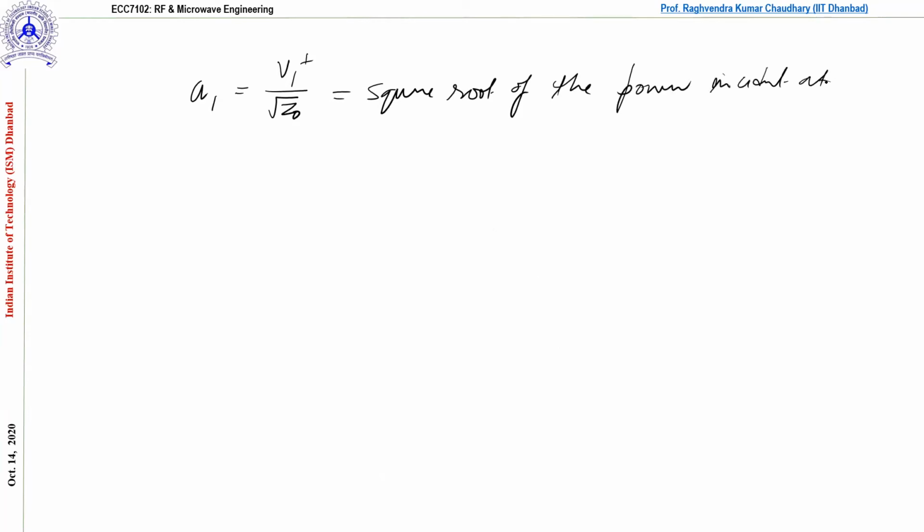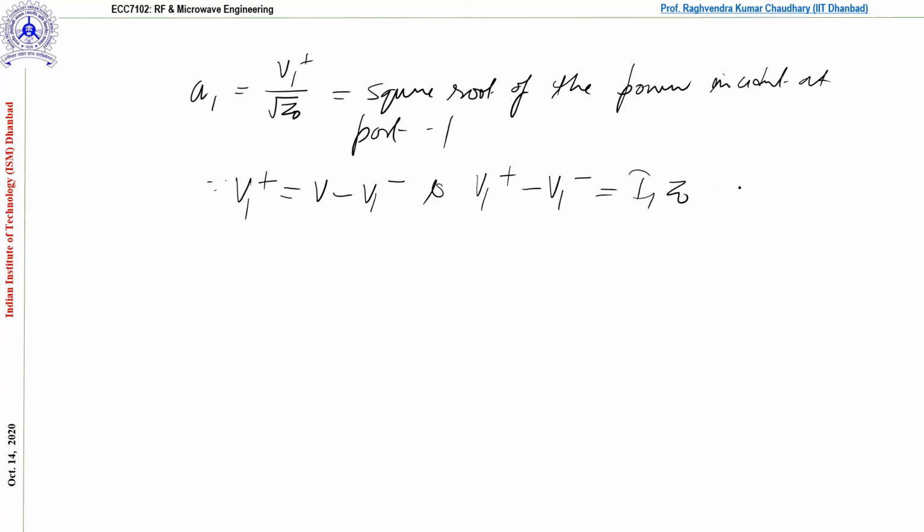So a1 is actually V1 plus over root Z naught, the square root of the power incident at port 1. It means that we can recall V1 plus minus V1 minus is equal to I1 Z naught.